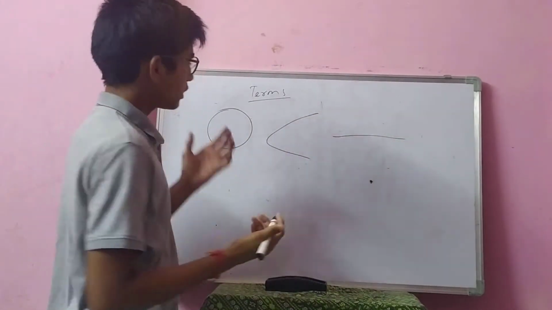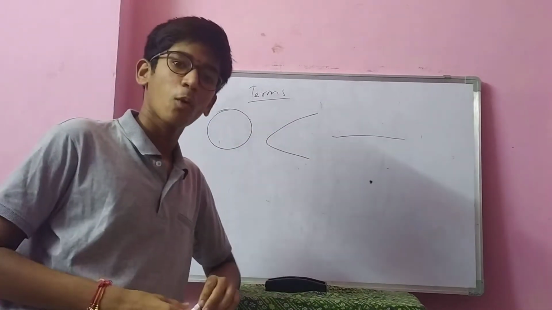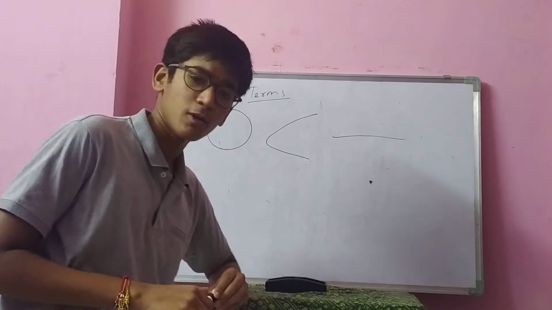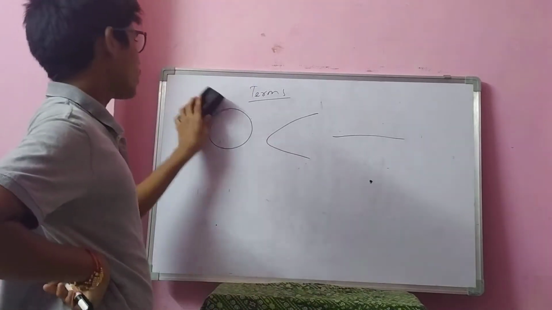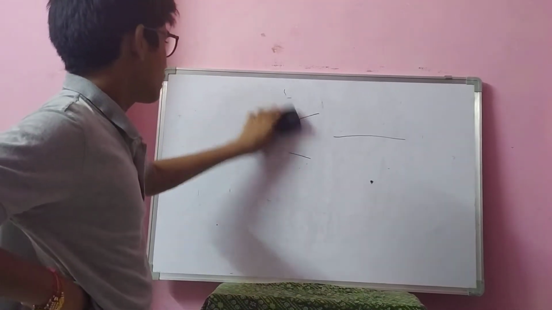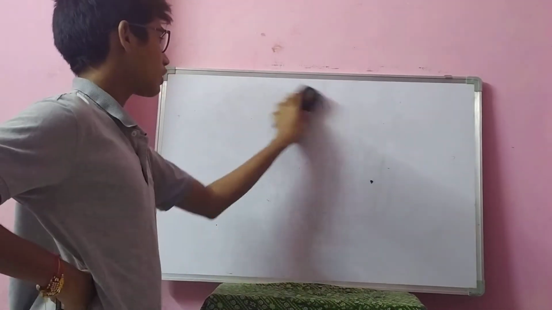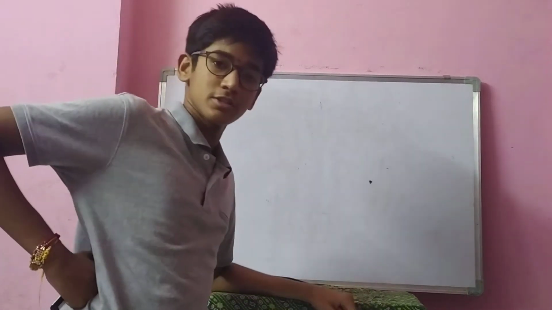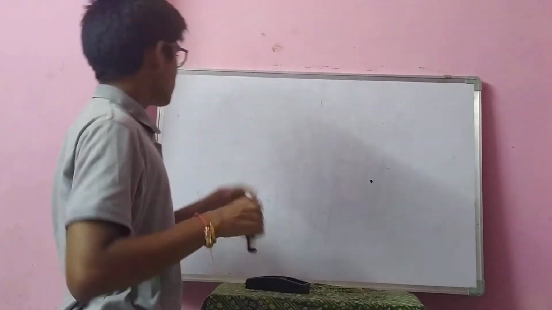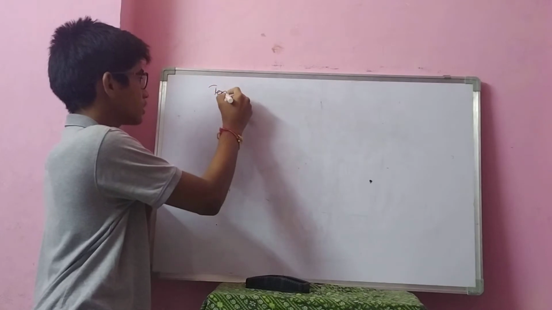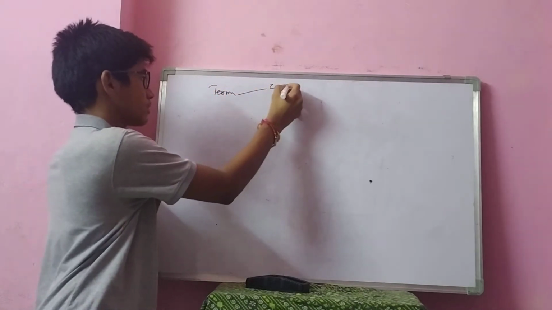Some terms are used generally: pole, radius of curvature, center of curvature, focus. What are these terms? They simply use them, but they don't give the definition or the exact meaning anywhere. In this video, the main topic is terms related to these 2 mirrors, concave as well as convex mirrors.